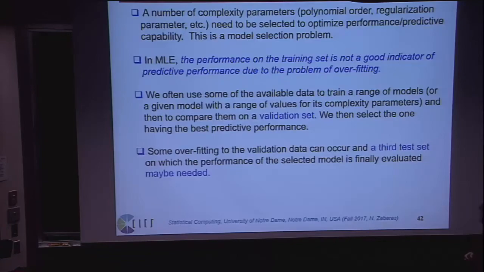All right. So let me talk a little bit about model selection. We already discussed that using maximum likelihood, computing the training error is not really an indicator of how well you do, because in essence, the more complex your model, the smaller the training error will be, but the prediction error will keep going up and up.